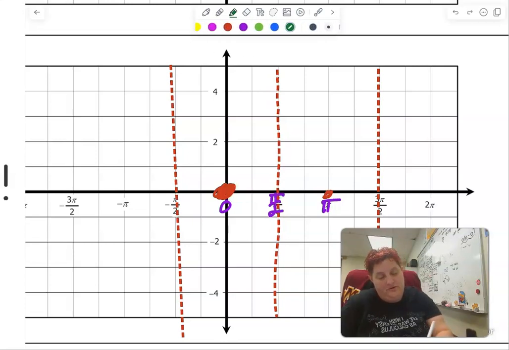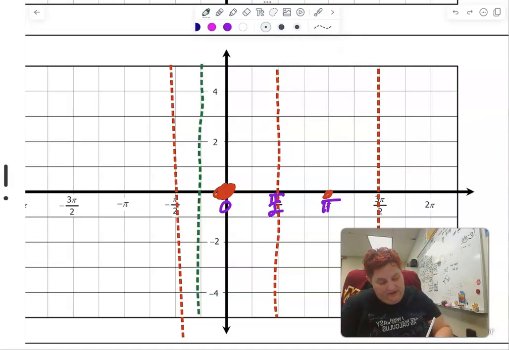Okay? So I'm going to do this in a different color. I'm going to move that asymptote. Okay, here, I meant to do this. So I'm going to move that asymptote over 1 box, and that 0 over 1 box.